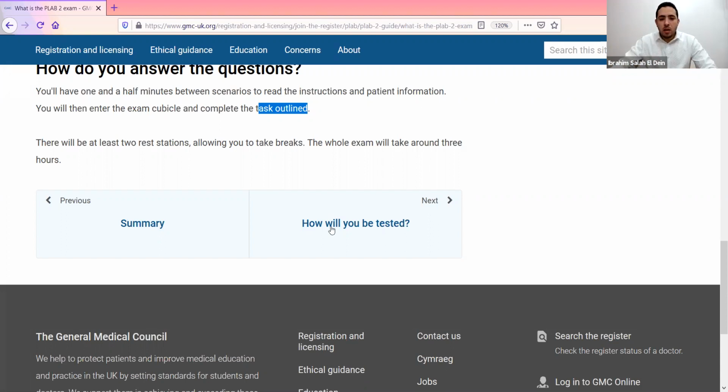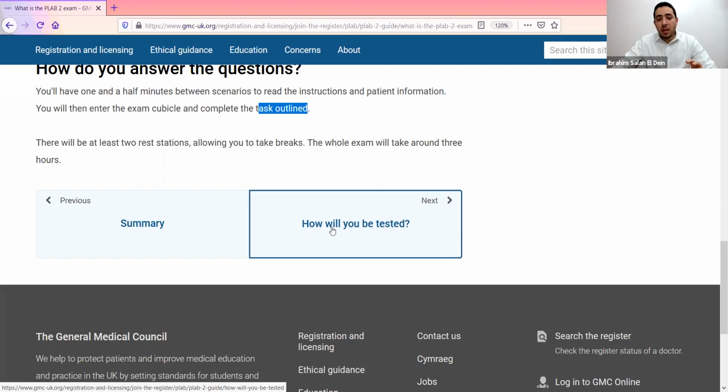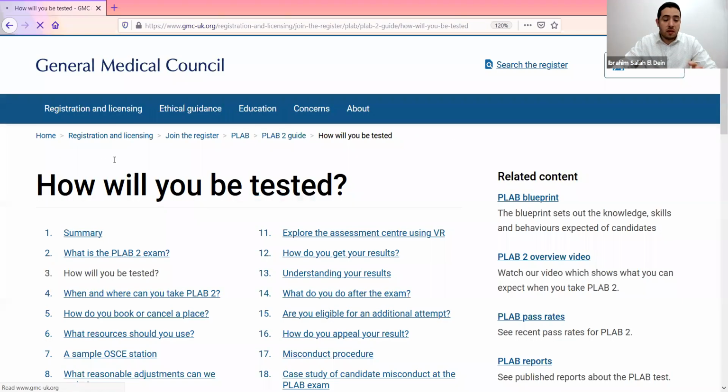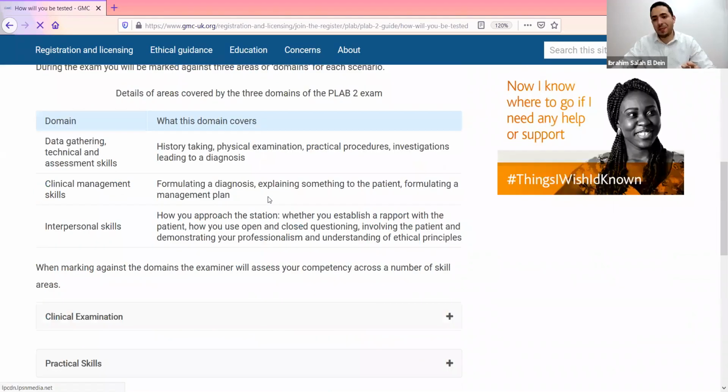Okay. So how will you be tested? Also, this is very, very, very important. This is the structure of the exam. And because of this structure, you will know how to arrange your time, to manage your time, and how to get a high score, how to approach the whole exam.